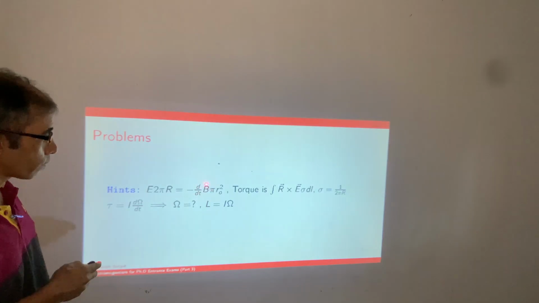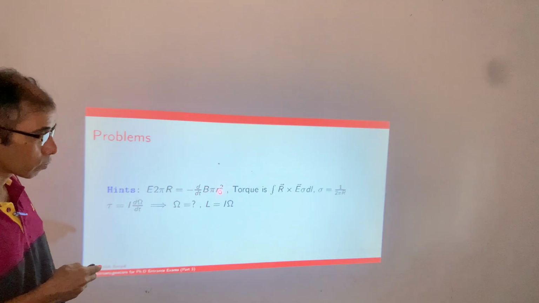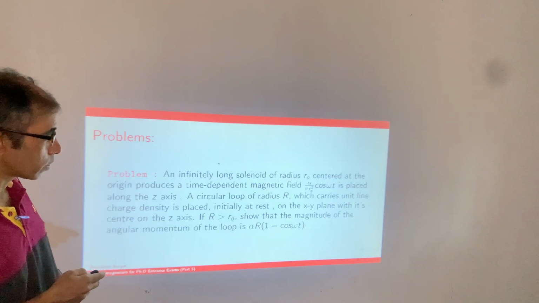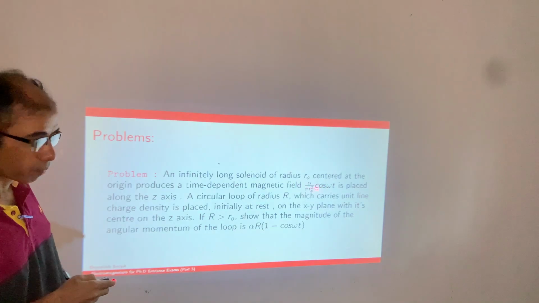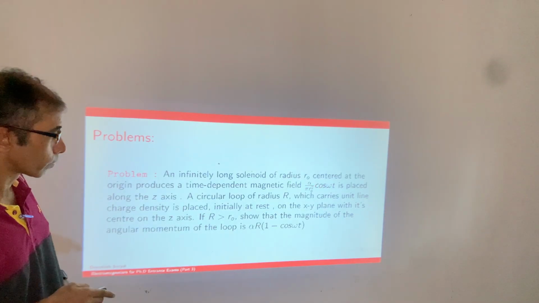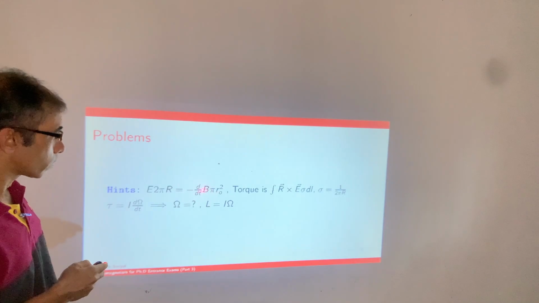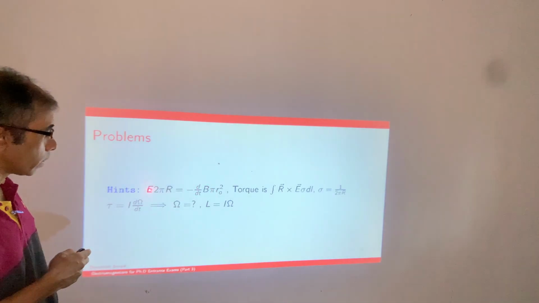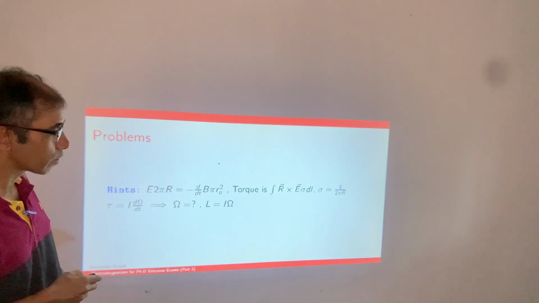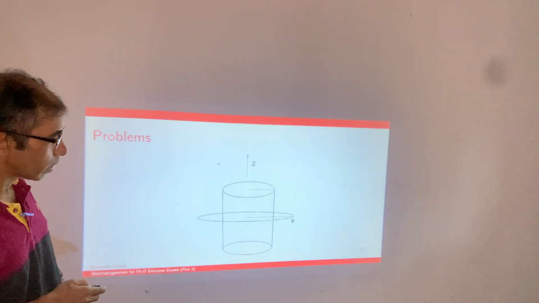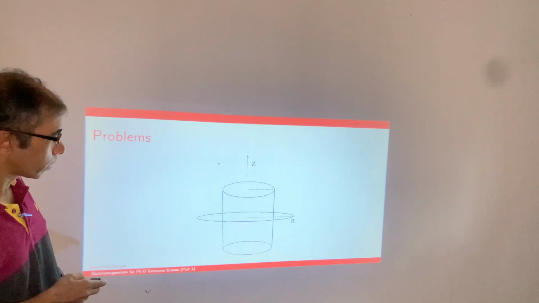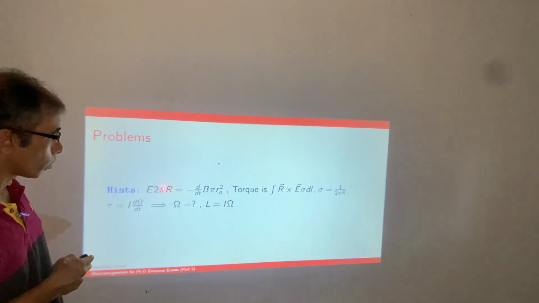So B, the magnetic field, into pi r0 square is the total flux, and B is given. Once we know this, it is easy to calculate. You can find the electric field that is acting here. Alright, E into 2 pi r is this.